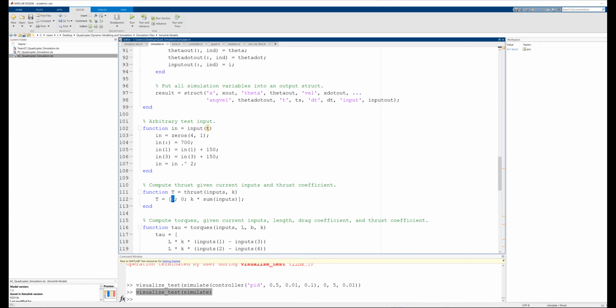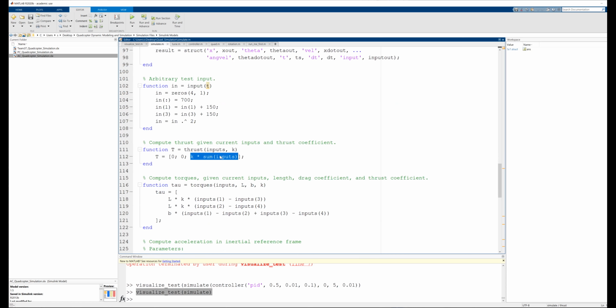And there is no thrust in x direction. There is no thrust in y direction. There is thrust in the z direction. So based on the input, you have these thrusts. So think about inputs as the speeds or the square of the speeds of the motors.